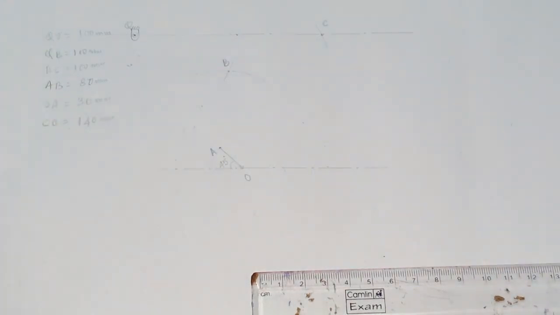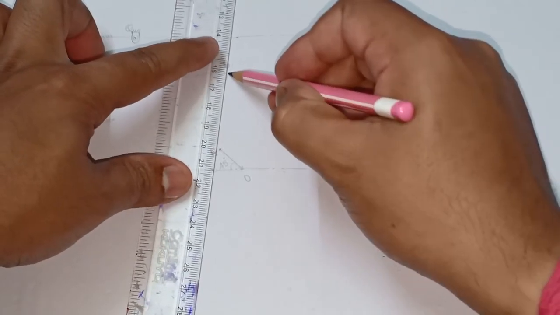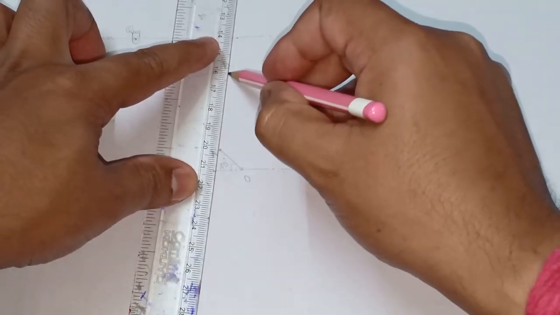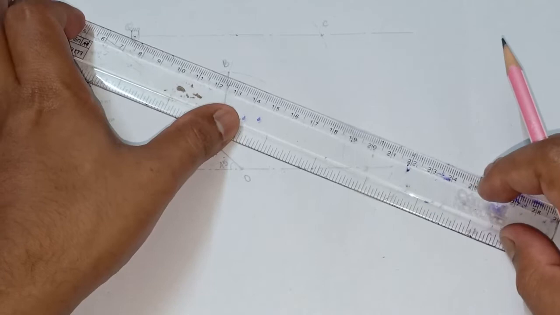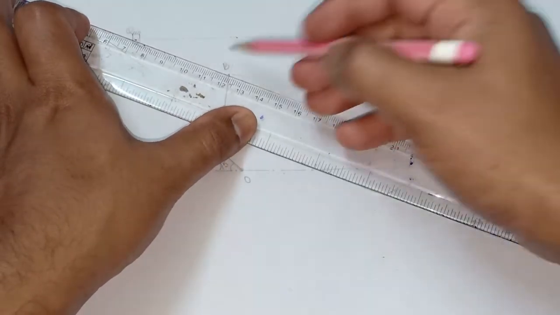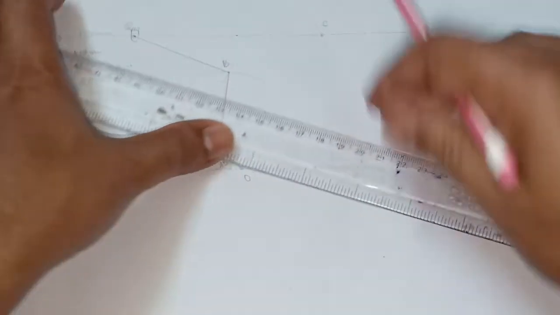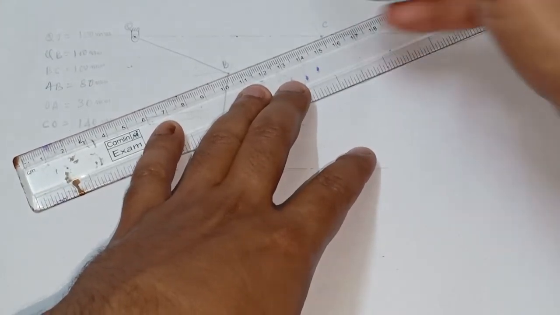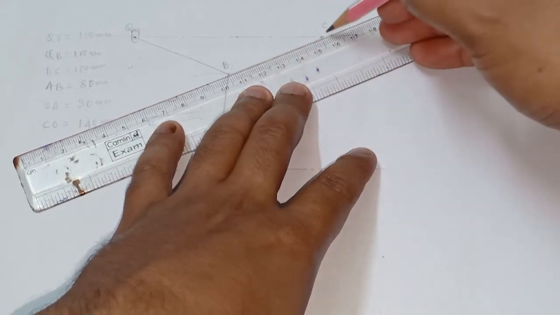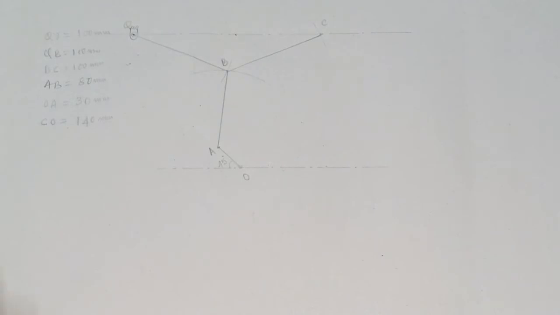Now join the lines one by one. From A to B, then from Q to B, then the remaining one, B to C. So our space diagram is now completed.